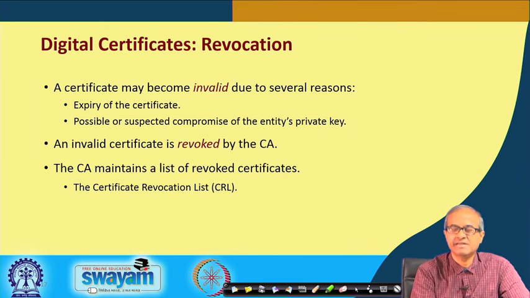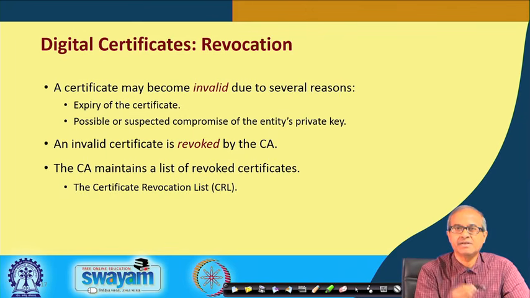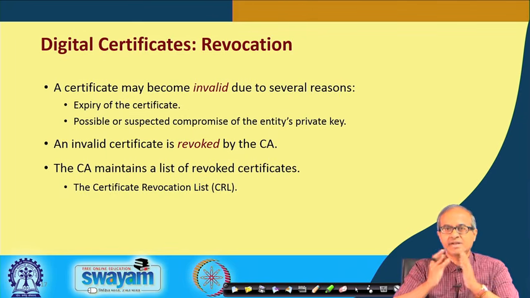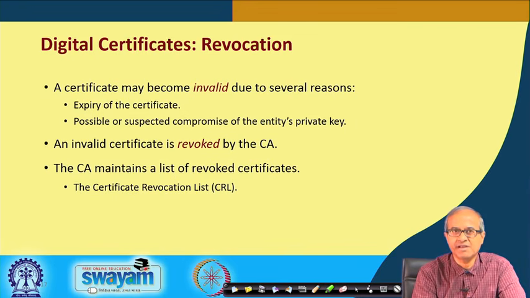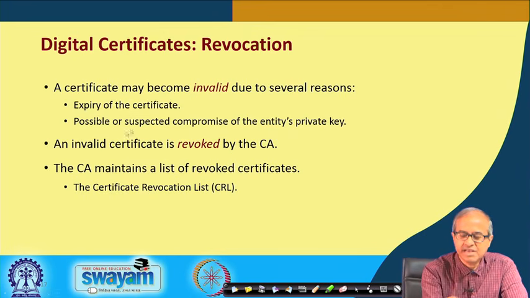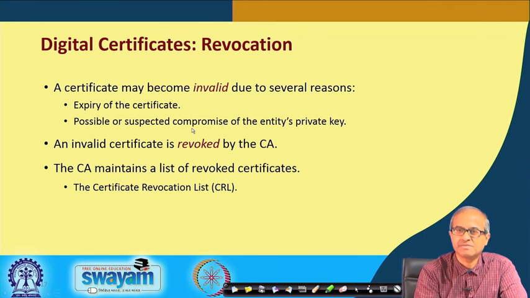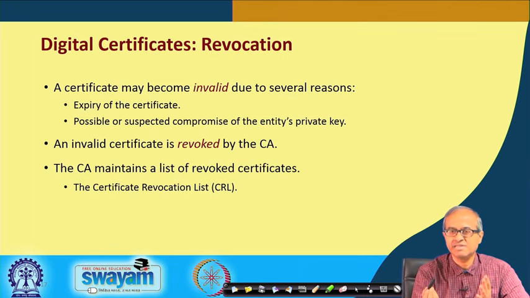Revocation, as I had said, sometimes a certificate may become invalid. See, whenever you create a certificate, there is a duration for which the certificate will be valid. So, if the time expires, that is one reason why it may become invalid, or there can be some suspected compromise. Some activities are going on which are suspect.